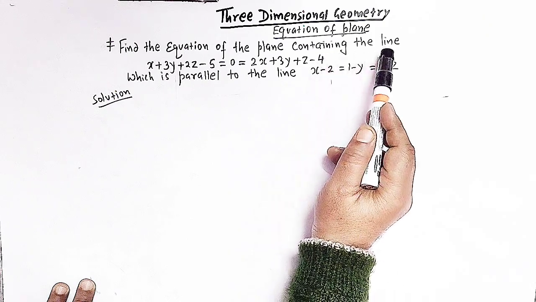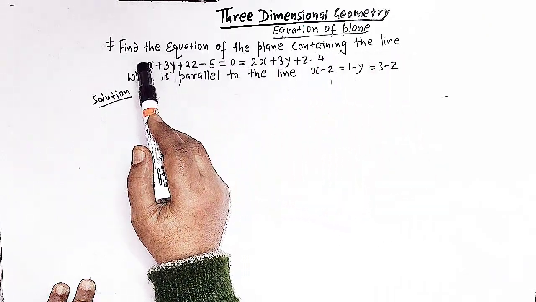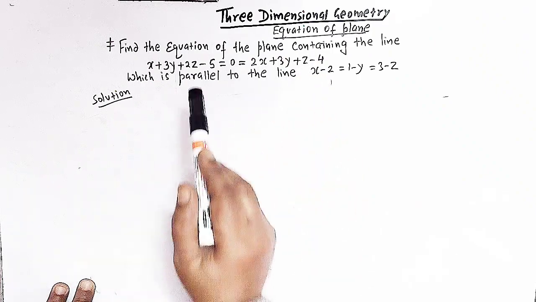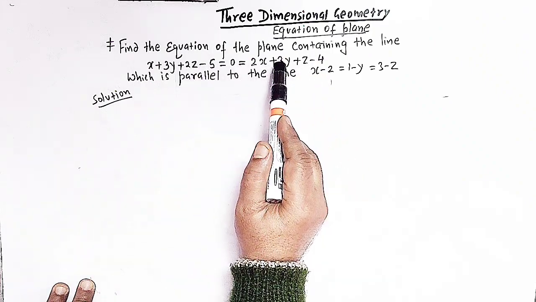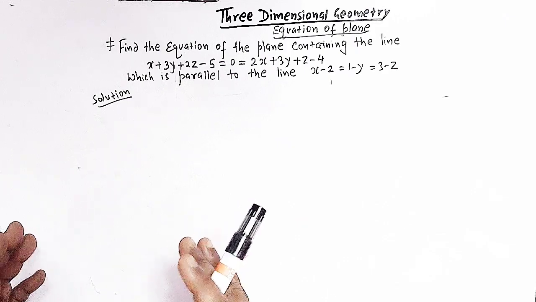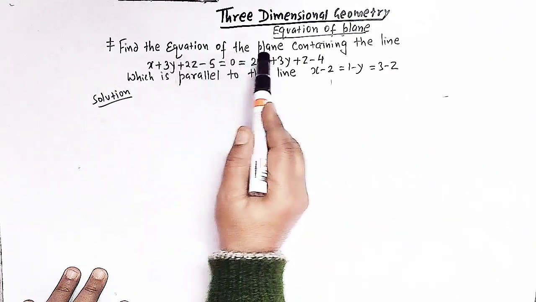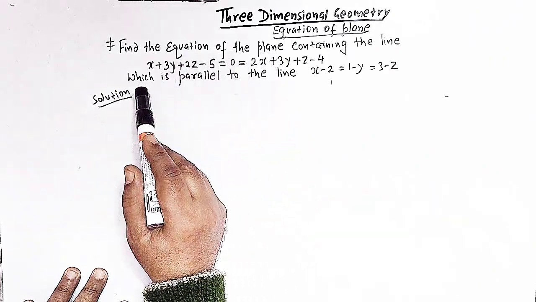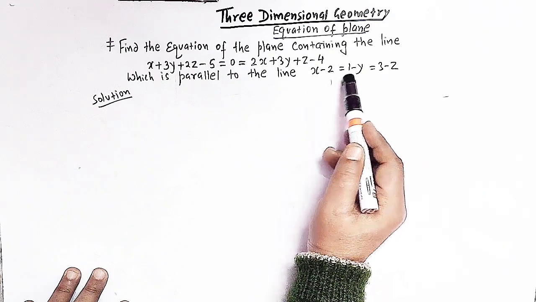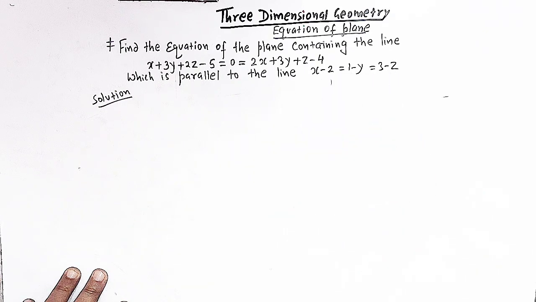So here we are given the equation of the line as a combination of two planes, right? So here we have two planes, and the combination of these two planes represent a line, and this plane whose equation is to be obtained is parallel to this line, and here the equation of the line is given in symmetric form, right?